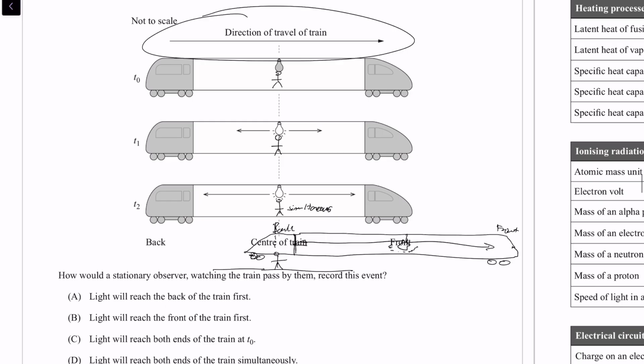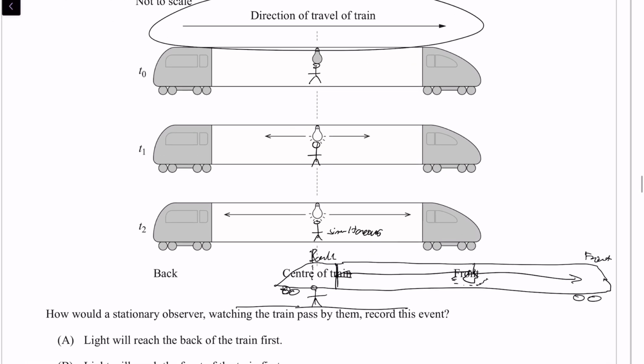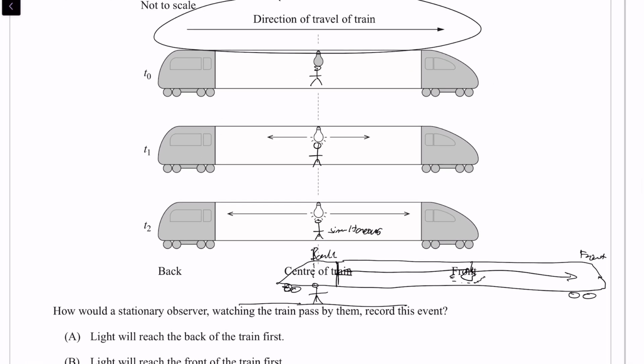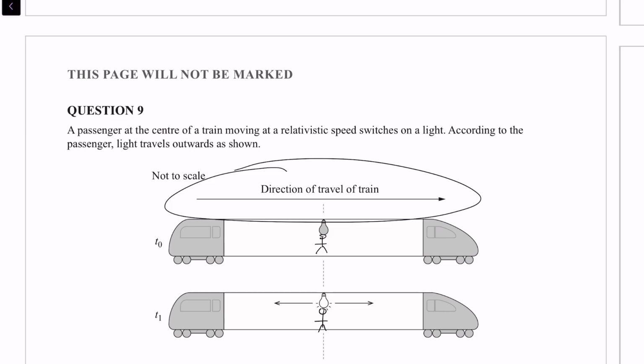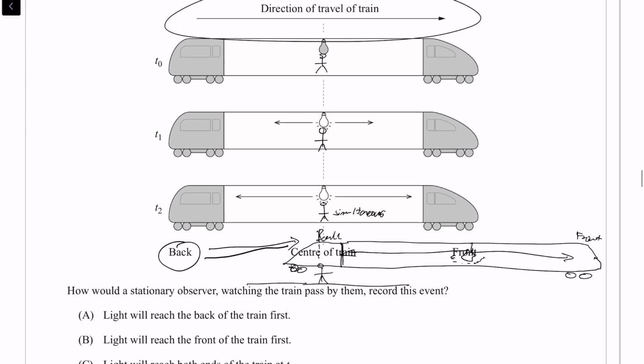Okay, so it's a bit of an intuition sort of thing, where if the train moves, and that light just moves at a constant rate left to right, if the back of the train is going towards that light as the train moves, and you're a stationary observer watching this train move, and the train's moving at relativistic speed, it's going to be so fast that it catches up to the speed of light.